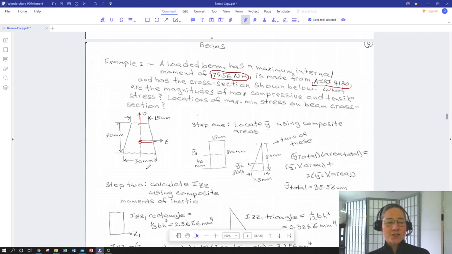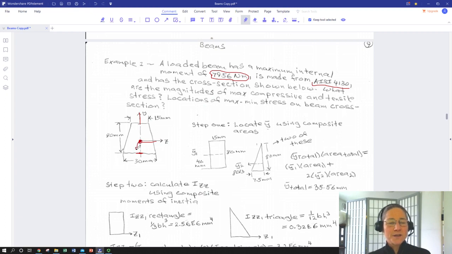We've got our cross-section. So that cross-section is going to give us two things important for the flexure formula. One, if we are not stretching or compressing it and we're only flexing it, then this centroid is the position of the neutral axis. So we immediately know that if we're flexing it upward, and this is the bottom of the beam, this point here would represent the maximum tensile spot.